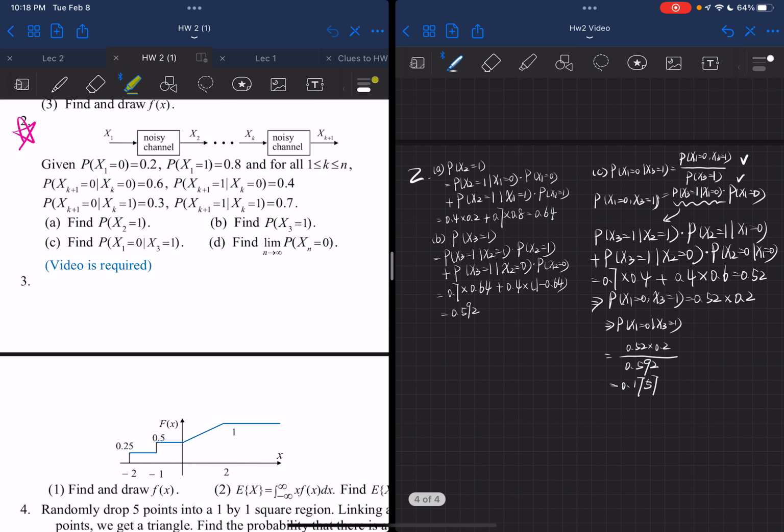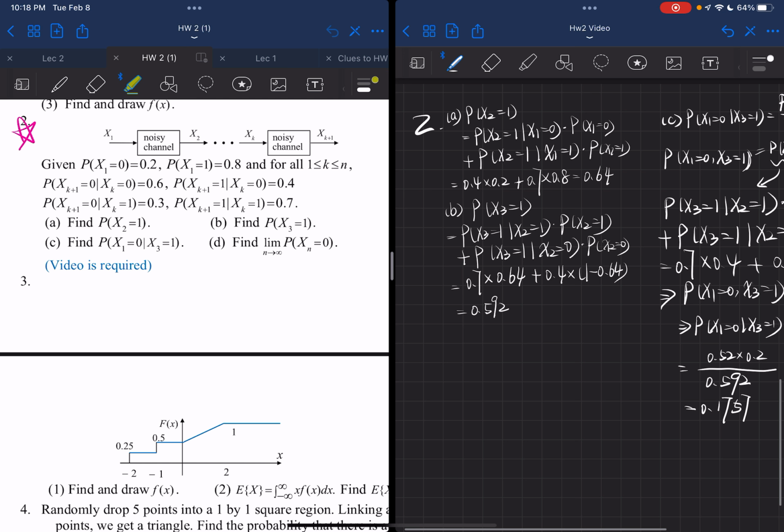Based on problems 1, 2, and 3, we can rewrite this formula in matrix format.